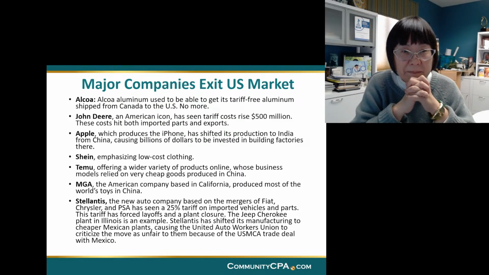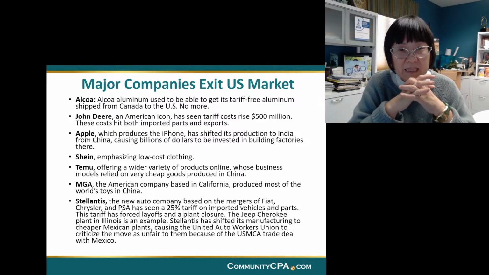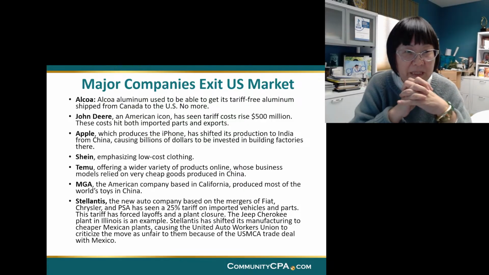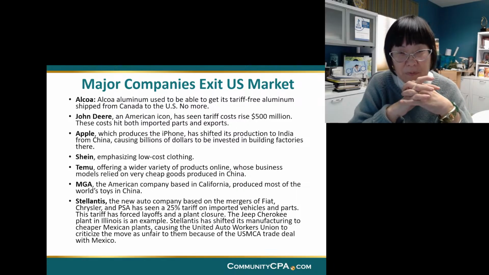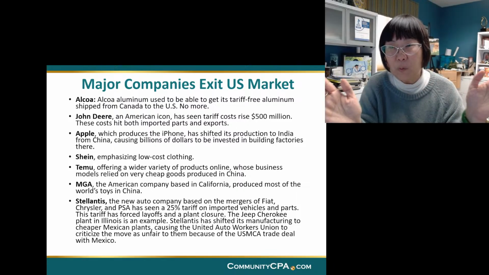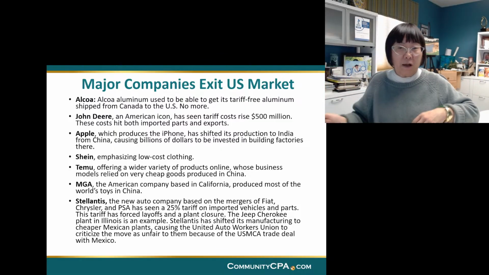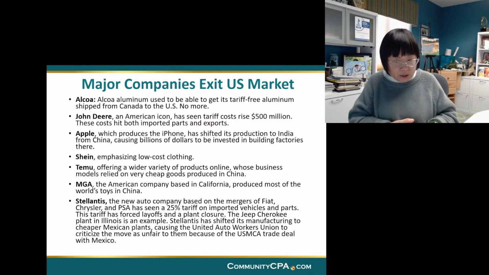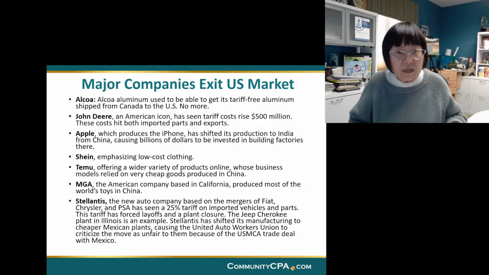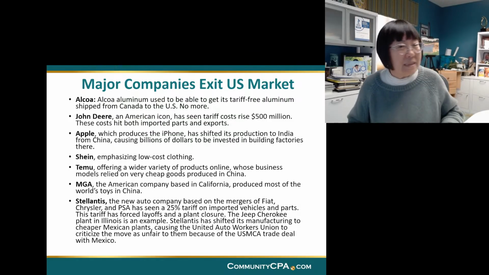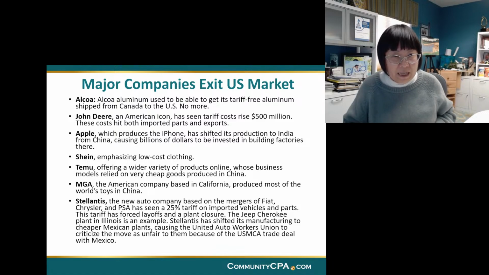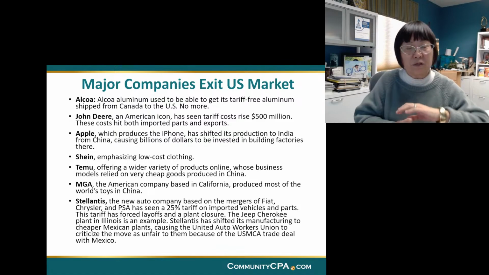Alcoa aluminum used to be able to get tariff-free aluminum shipped from Canada to the U.S. No more. So what does that mean? It means all the way from aircraft to the aluminum foil we use in the kitchen, the price will go up because there's no more tariff-free aluminum coming from Canada to the U.S.